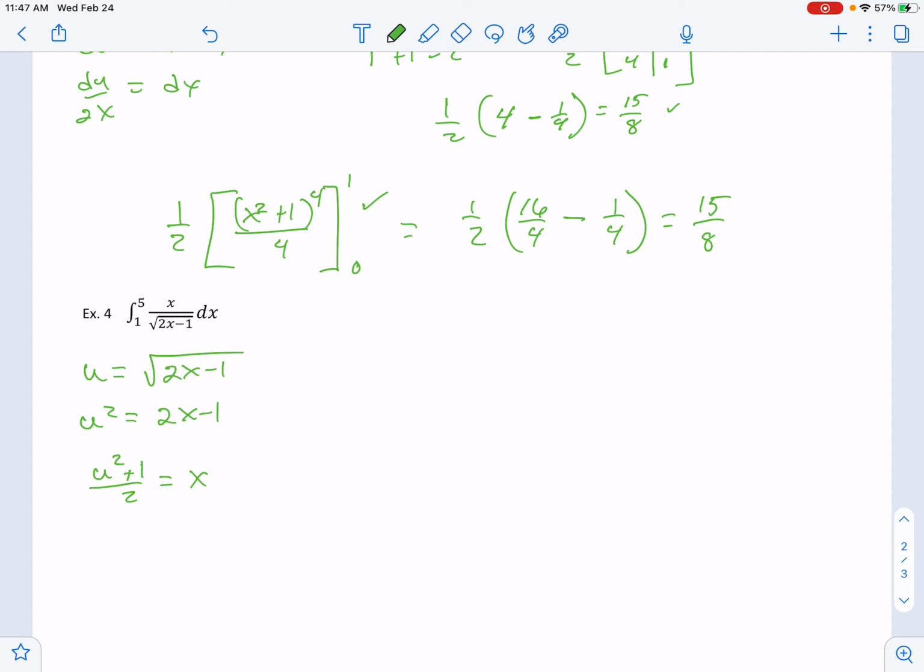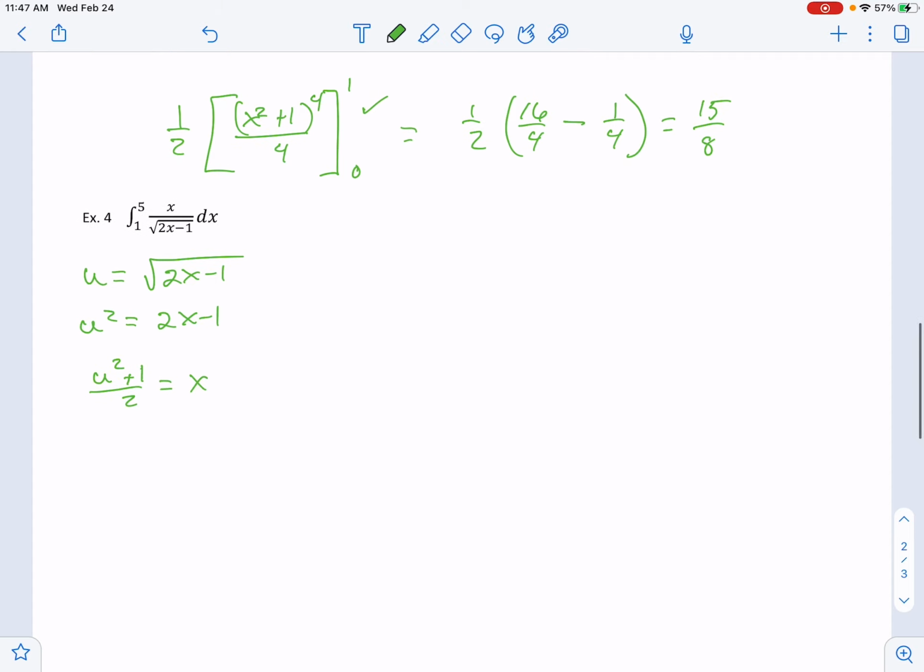And I'm going to take the derivative of both sides. Let's split this up: u squared over 2 plus 1 over 2 equals x. The derivative here is u du.